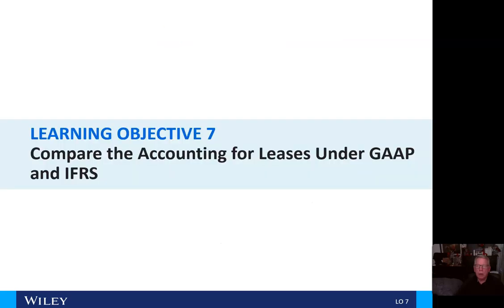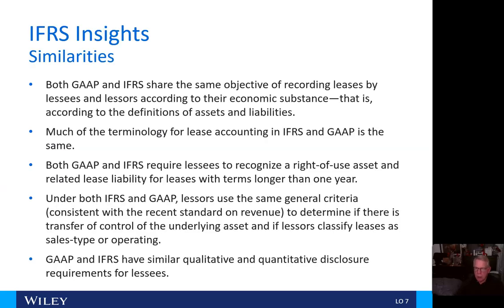Let's take a look at comparing accounting for leases under GAAP and IFRS. There are lots of similarities. One, both GAAP and IFRS share the same objective of recording leases by lessees and lessors according to their economic substance, that is, according to the definitions of assets and liabilities.